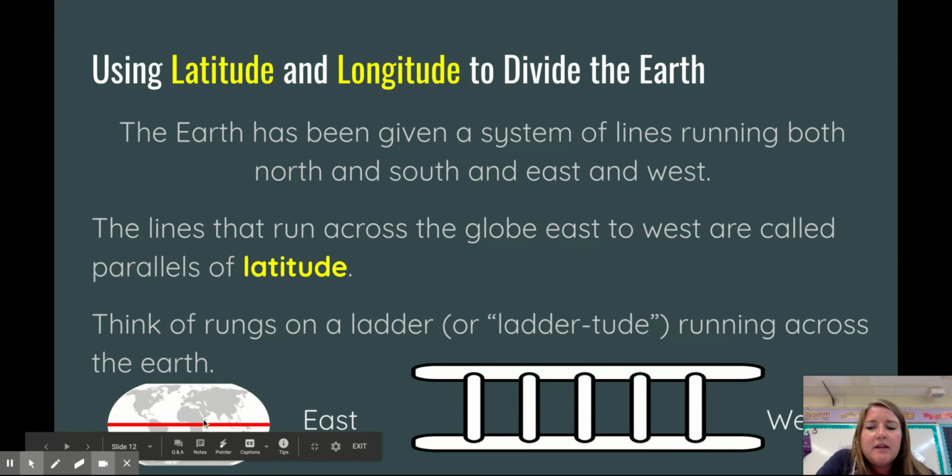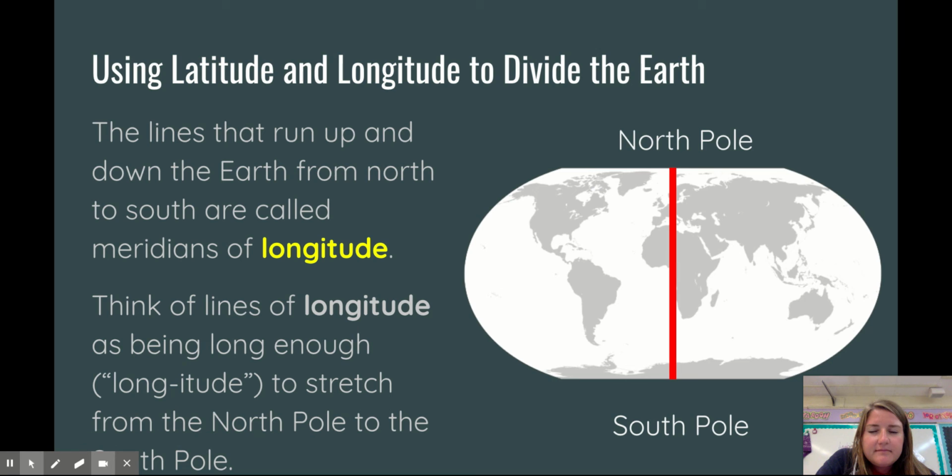So if they go along the globe like this red line, this is our latitude, okay? And they go across. The lines that run up and down the Earth, like this one, are longitude, okay?